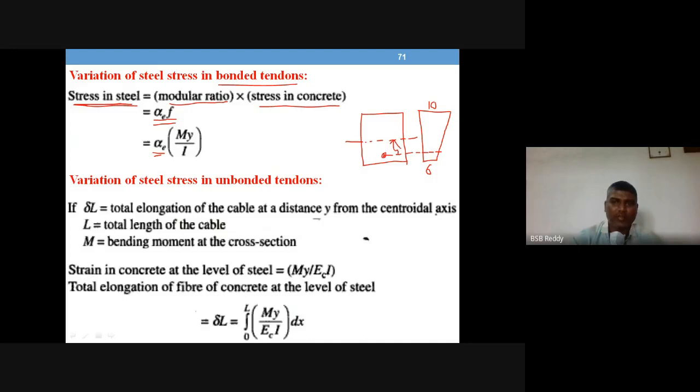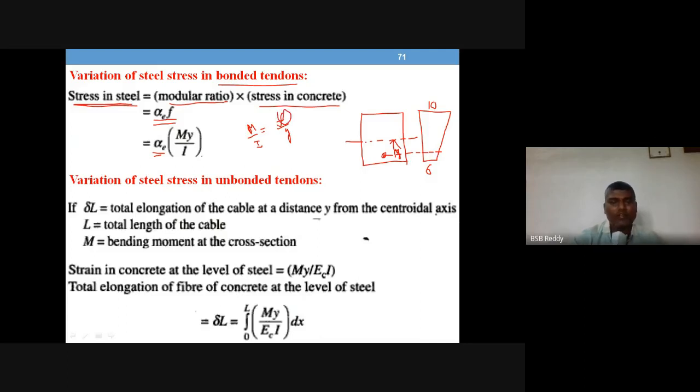This is what we call Y. The stress in concrete at the level of steel is M by I into Y. We have the bending formula, M by I is F by Y, or sigma by Y, whatever notation you use. So M into Y by I is F.